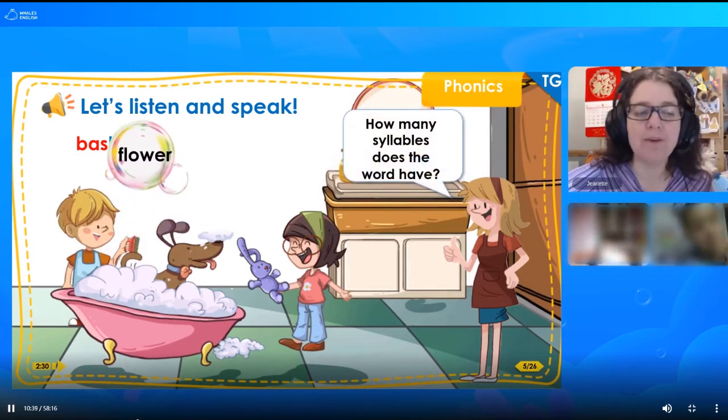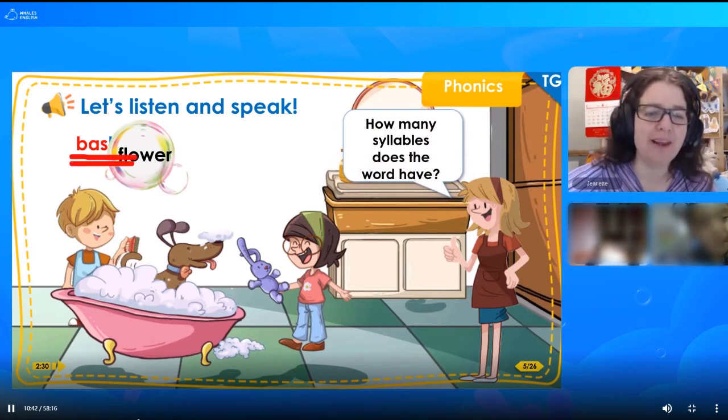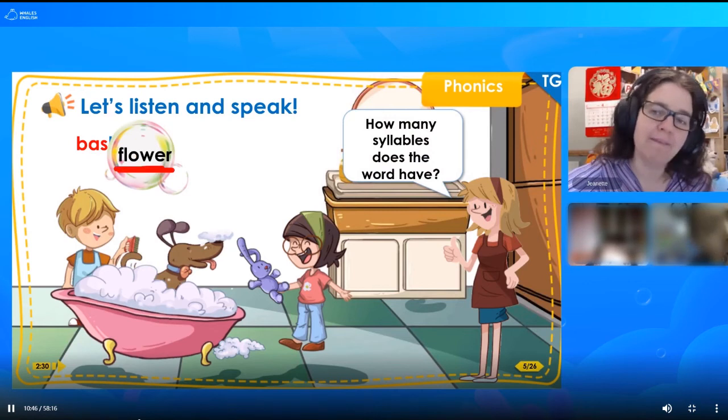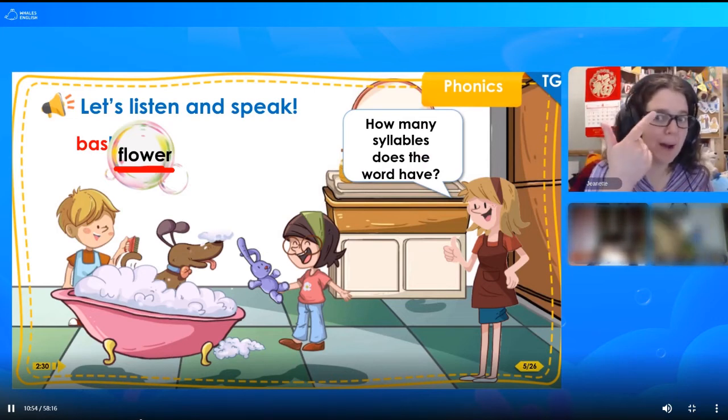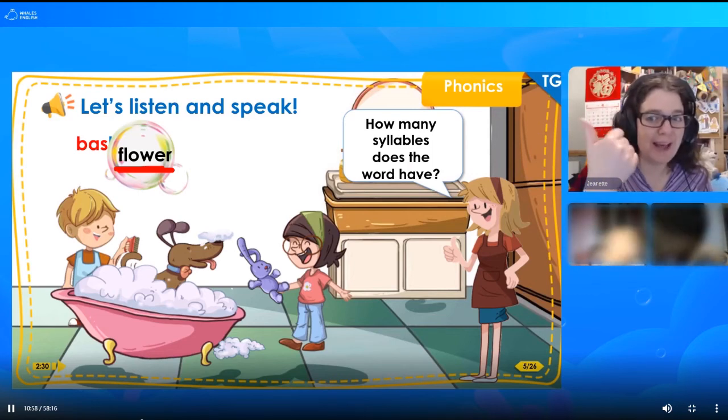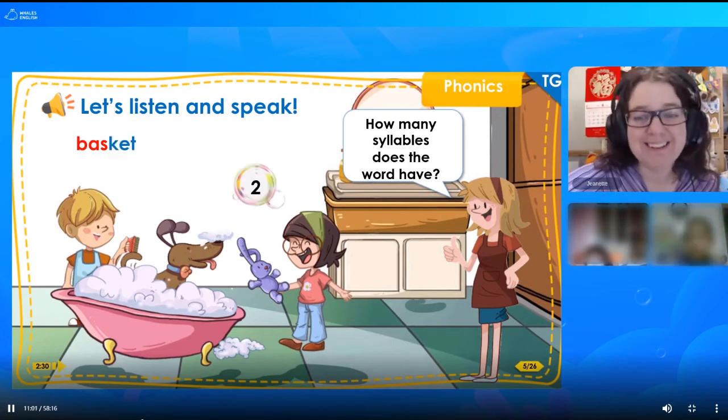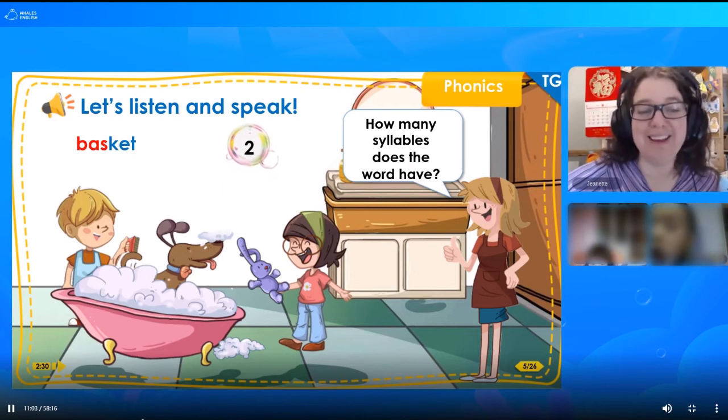Oh, look, another word. How many syllables does this word have? Flower. It has two syllables again, doesn't it?